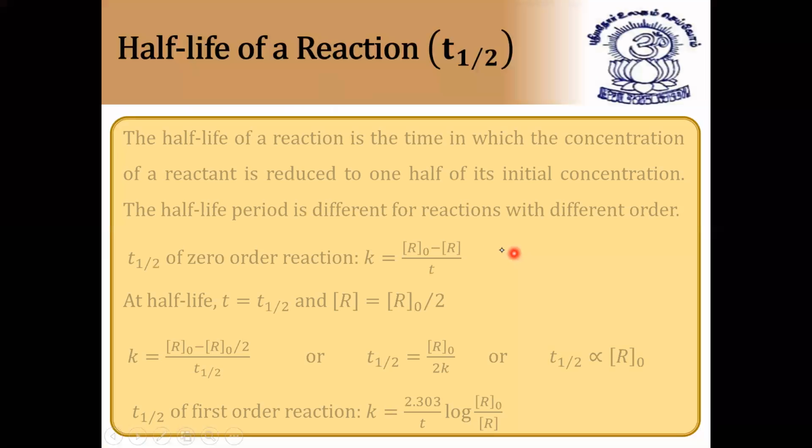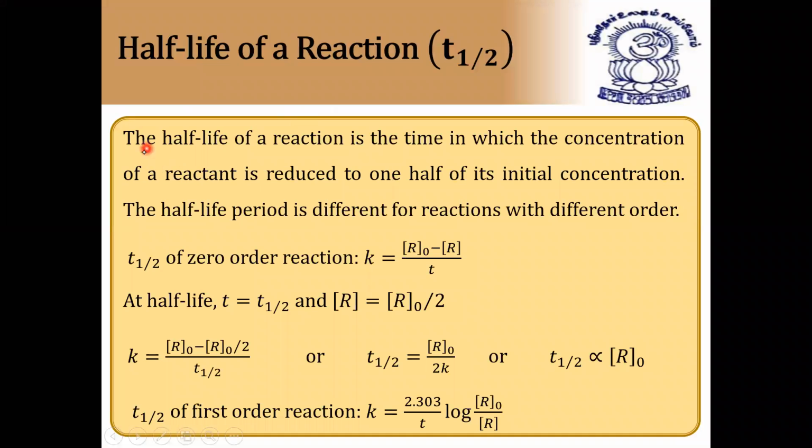Let us see now the half-life of a reaction. What is half-life? The time taken for the reaction to complete 50%. The half-life of a reaction is the time in which the concentration of the reactant is reduced to one half of its initial concentration.